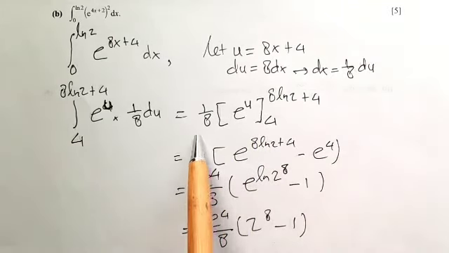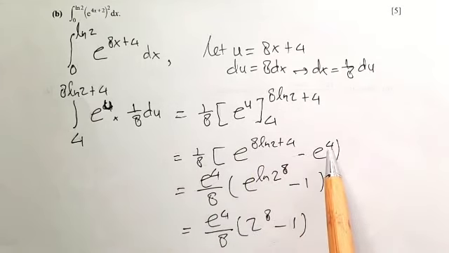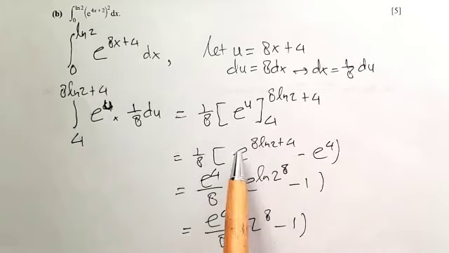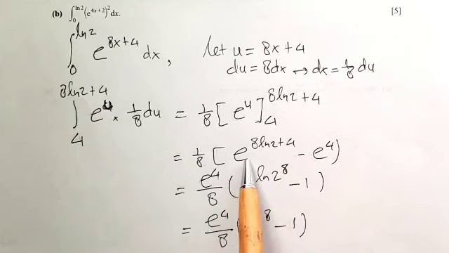Thus 1 over 8 times (e to the power 8 ln 2 plus 4 minus e to the power 4). Now that is e to the power 8 ln 2 plus 4 minus e to the power 4. We have a common factor here, e to the power 4, so we put e to the power 4 outside the brackets.